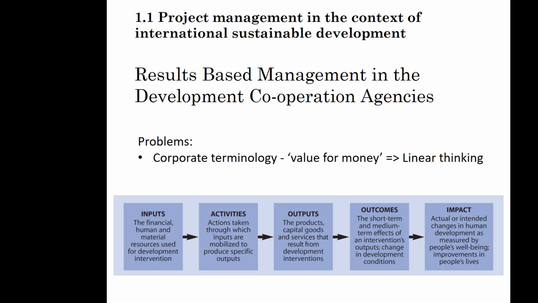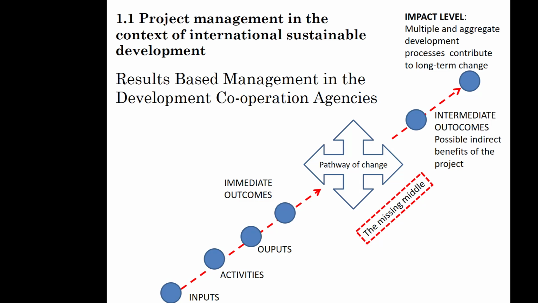Although this was a milestone in project management, results-based management, and logical framework approaches, this type of linear thinking was still not quite satisfactory, and that's why changes were needed.